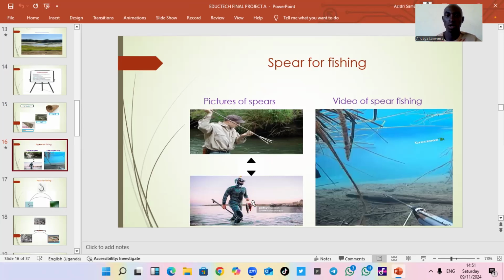In the first picture, we can see a man carrying spears to fish. And then in the second picture, you can also see that a man has already used the spear for fishing and is coming out with some fish.